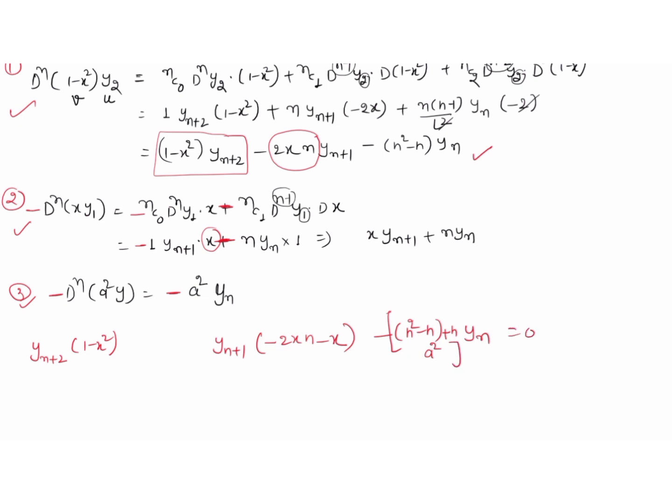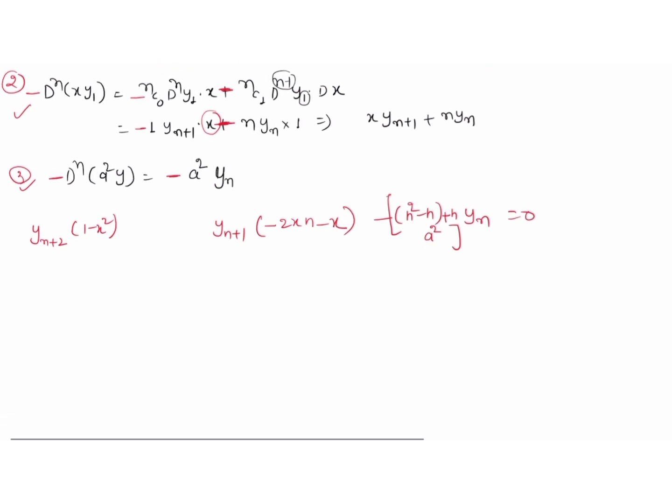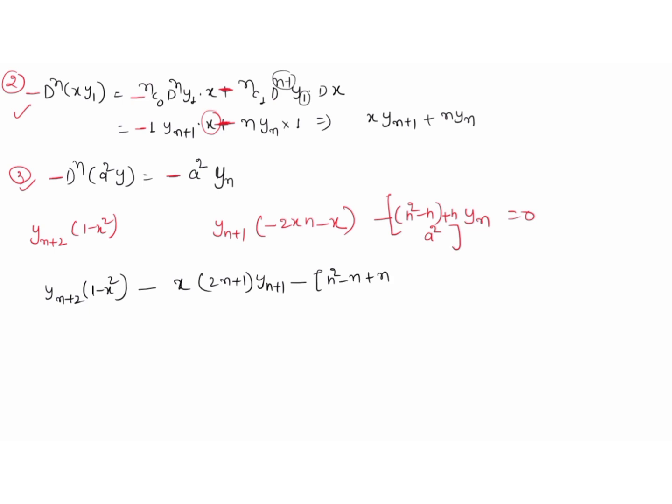Now simply arrange them and simplify: yₙ₊₂ times (1 − x²), take −2x common, and x common, so in the bracket 2n + 1 of yₙ₊₁, and just write it as −(n² + a²) yₙ equal to 0.